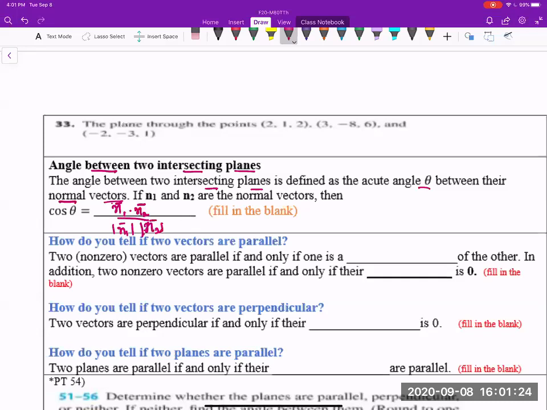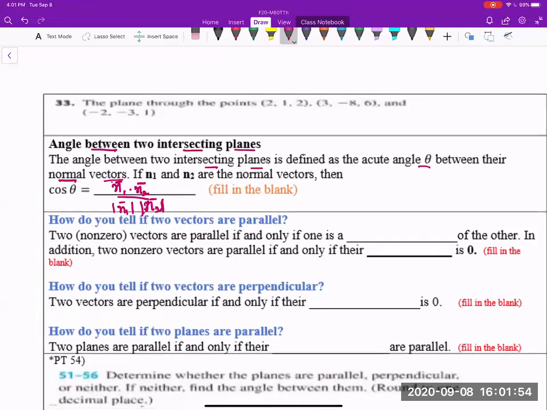It's exactly similar to the formula that we did for the angle between two vectors. In this case, instead of any two vectors, we have the two normal vectors.